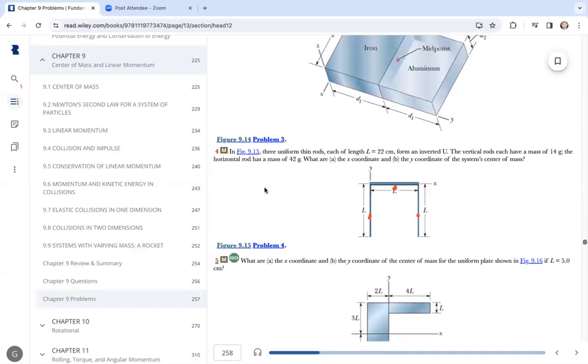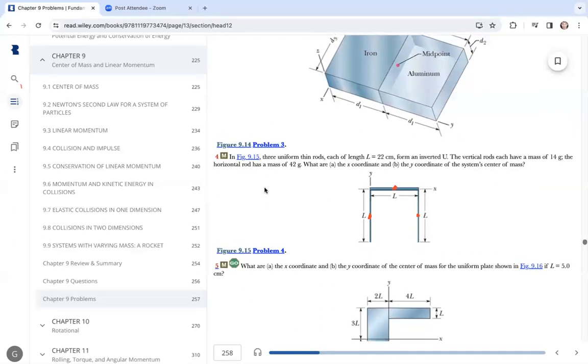We can treat this as 3 point masses at these positions, where the vertical ones have this mass and the horizontal one has this mass. We could find the center of mass of the system in the same way. We don't need to go through a complicated integral. We just need to say that the center of mass of each of these is at these coordinates.